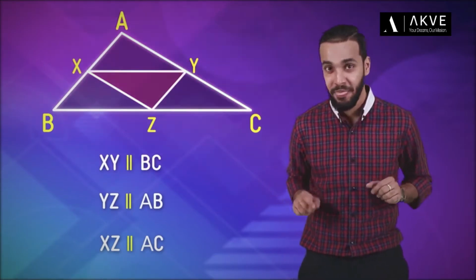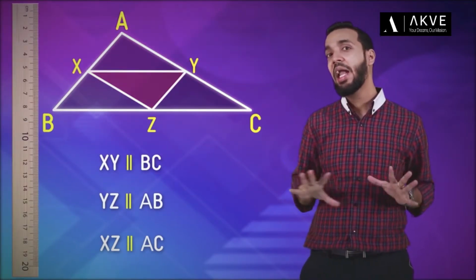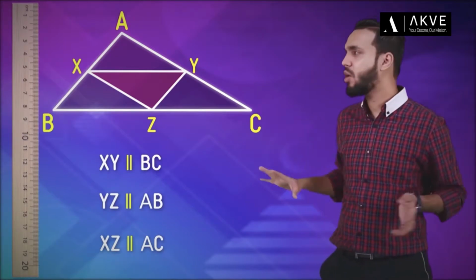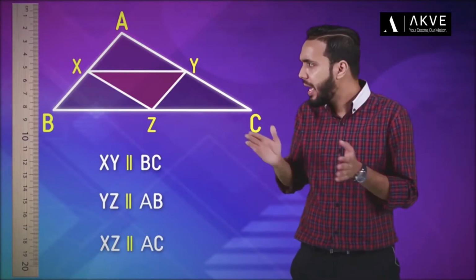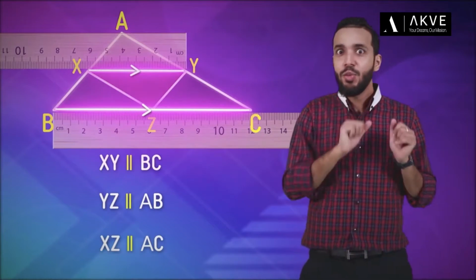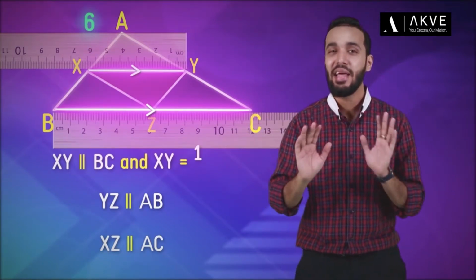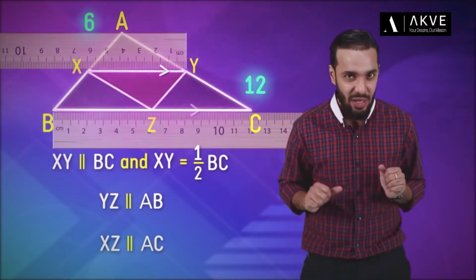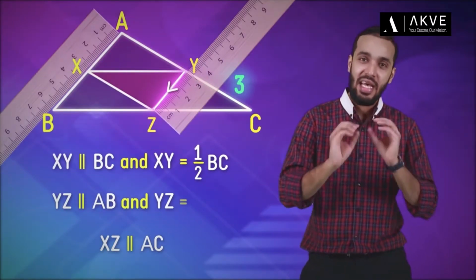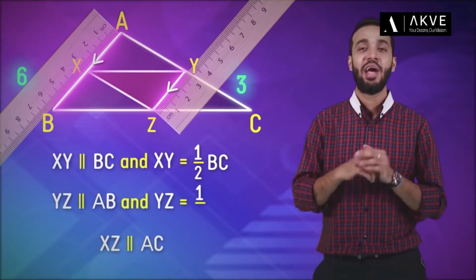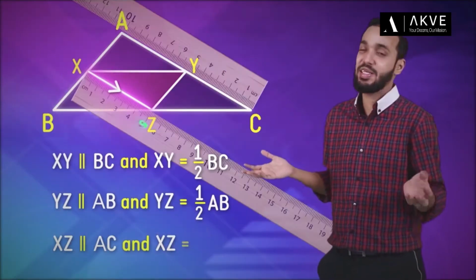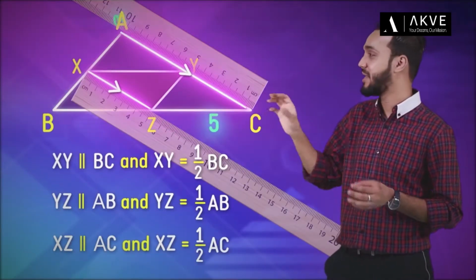Well, there's more. If you take a ruler and measure the lengths of any one pair of the parallel lines, say XY and BC, you will see that XY measures exactly half of BC. Similarly, YZ measures exactly half of AB and XZ measures exactly half of AC.